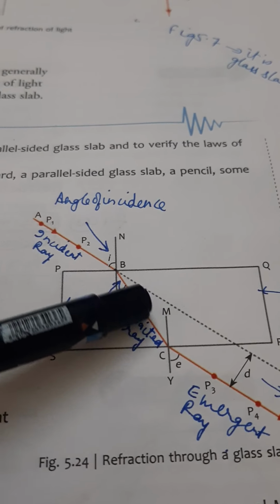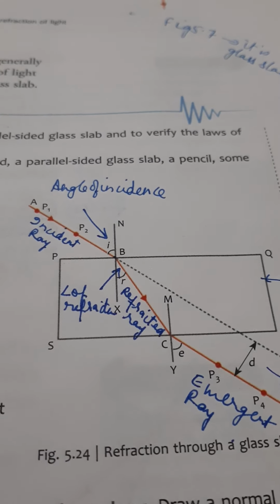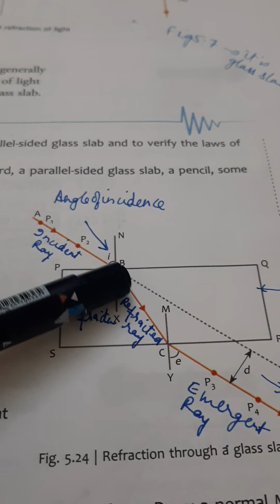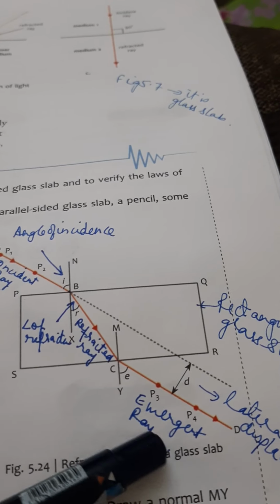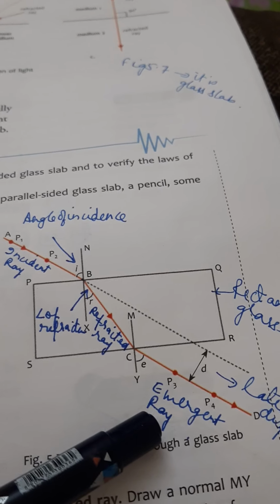So BC is called the refracted ray. This refracted ray, after passing through the glass, comes out again into the air. The ray of light which comes out into the air again, we call the emergent ray. So CD is the emergent ray.